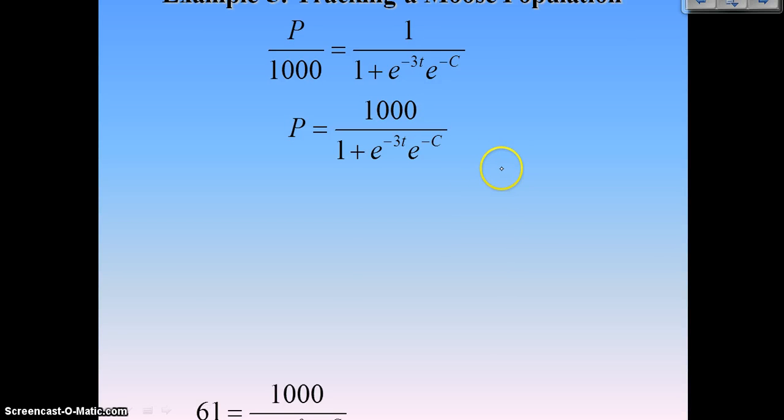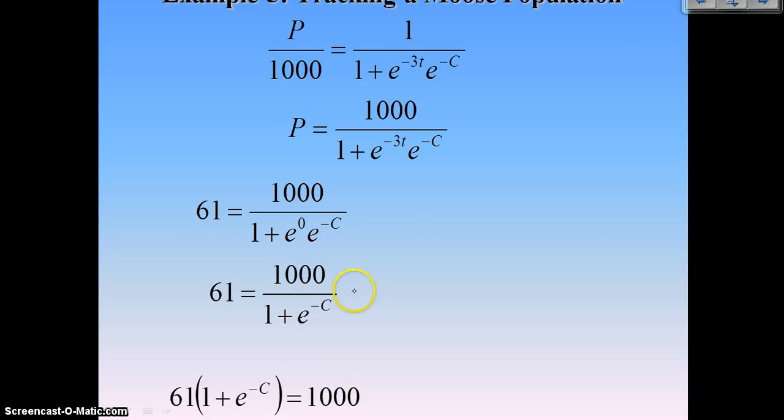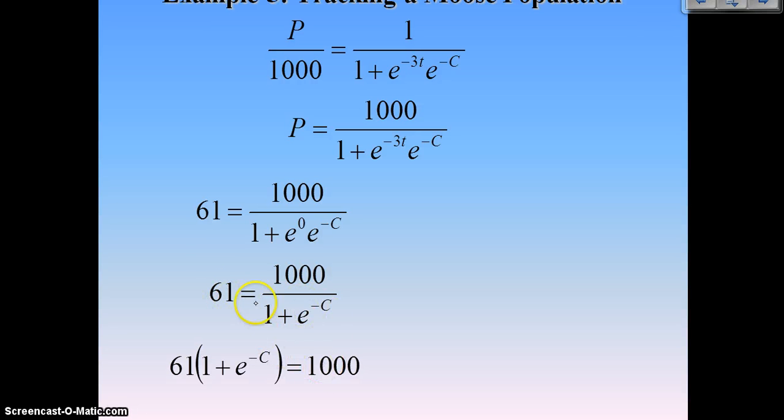Well, that's really not a problem, because it does tell me that at time 0, there were 61 moves. So now I can simplify this a little bit. Of course, that e to the 0 is 1. It does nothing. I can cross multiply: 61 times that equals 1000 times 1. Divide both sides by 61, and we have this number.